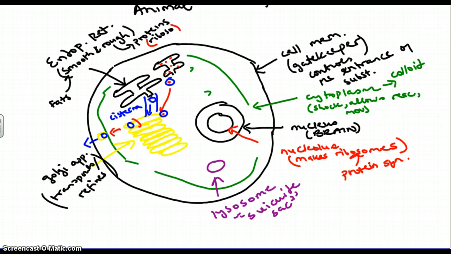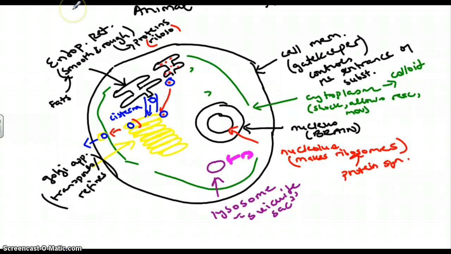If a foreign invader comes from outside, let's say a bad bacteria infects the cell, here we'll have a pink circular bad bacteria, and it goes inside. The lysosome will literally go and eat it, and then digest it. So that is how the lysosome works.